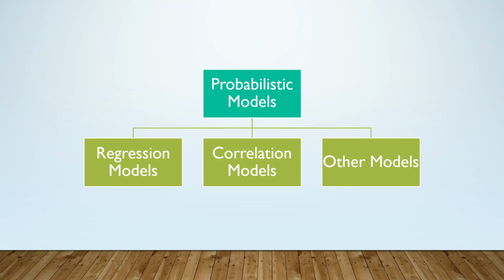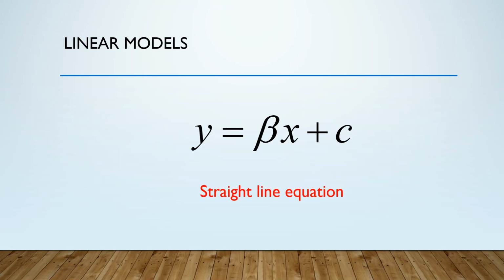Okay, so the regression model. Before going into the details of the regression model, let us recapitulate something very simple. Based on the straight line equation, we'll be moving to linear regression. Linearity is defined by the straight line. The basic equation for a straight line is y = beta x + c.